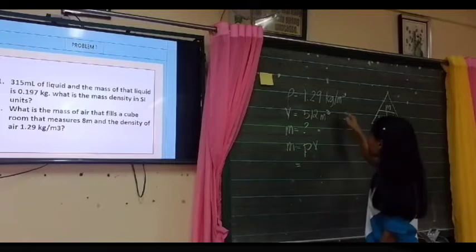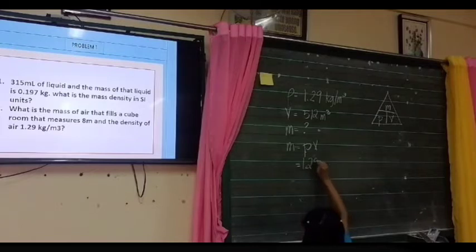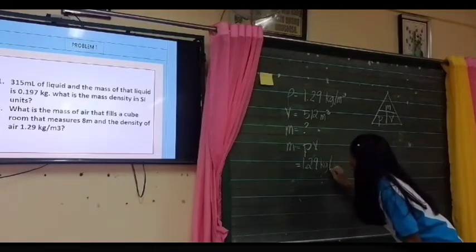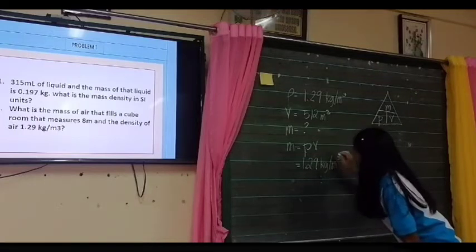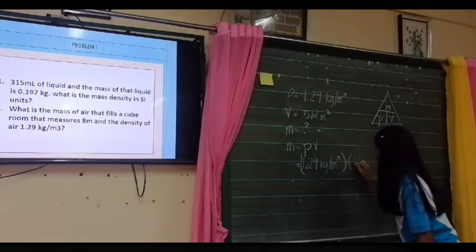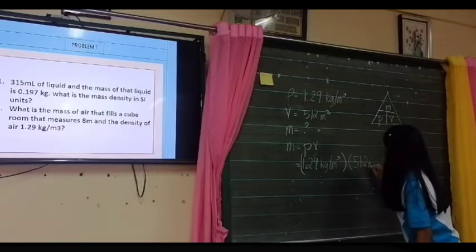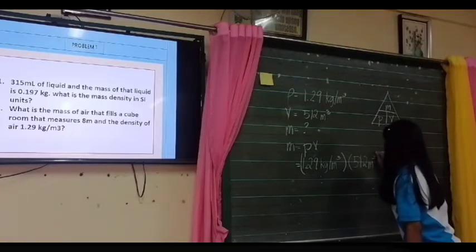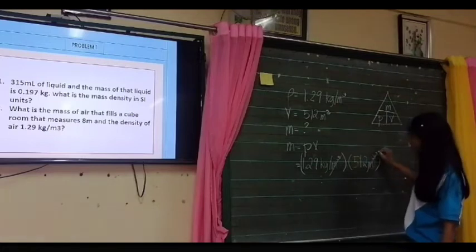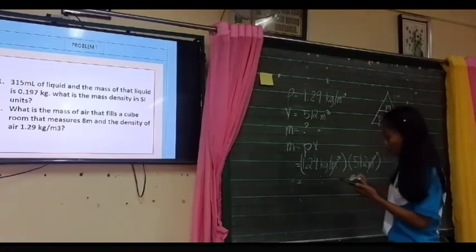So the density is 1.29 kilogram per cubic meter multiplied by the volume na 512 cubic meter. So, cancel yung cubic meter para matira na lang ay ang kilogram.